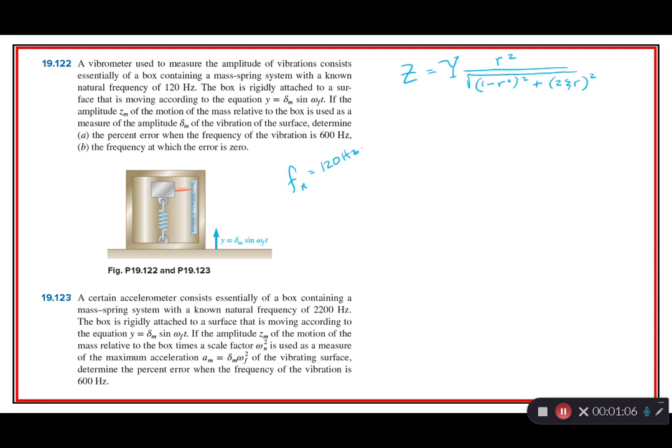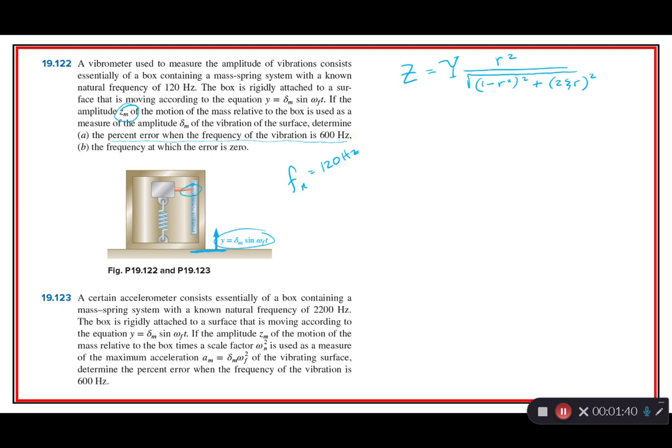The box is rigidly attached to the surface right here, and that is moving according to this equation right there. If the amplitude Zm of the motion, so that's going to be this guy right there that we're measuring, mass relative to the box, is used as a measure of the amplitude, determine the percentage error when the frequency of the vibration is 600 hertz.